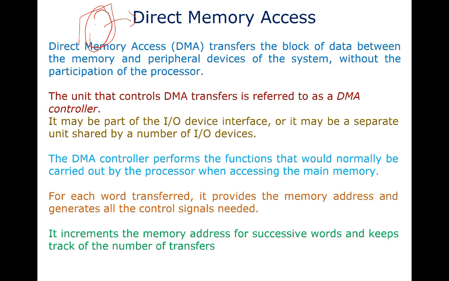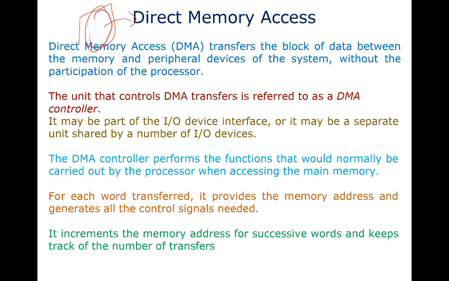The unit responsible for controlling this operation is called the direct memory controller. During a DMA transfer, the DMA controller performs the function that would normally be performed by the processor while accessing the main memory.